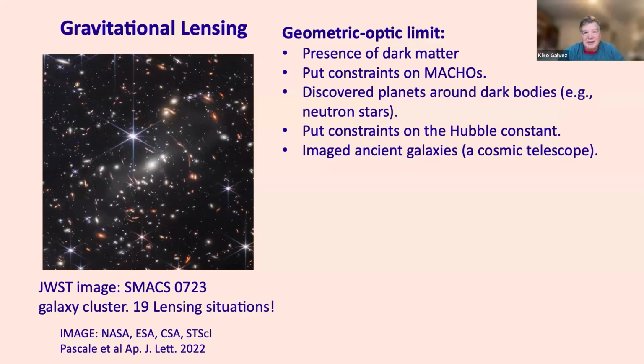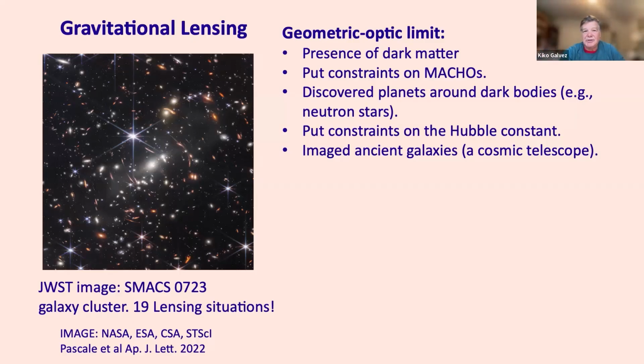Among the findings of this field, which was worked on very intensely in the 90s, is that they show the presence of dark matter. Actually, that came much earlier, but they also put a constraint on MACHOs, that is, what if the dark matter are just dark rocks out there?